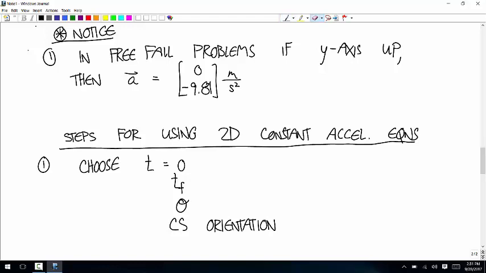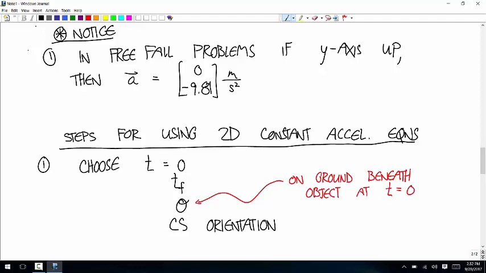Usually, on free fall problems, I usually put the origin on the ground or the water or whatever the lowest point is in the problem, right beneath the object at time equals 0. And the coordinate system orientation for free fall problems, I'm always going to choose the y-axis up.